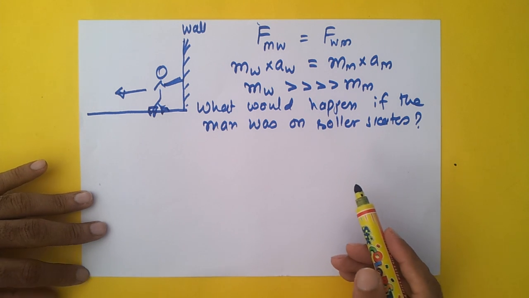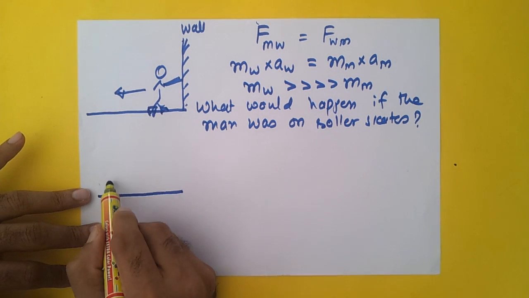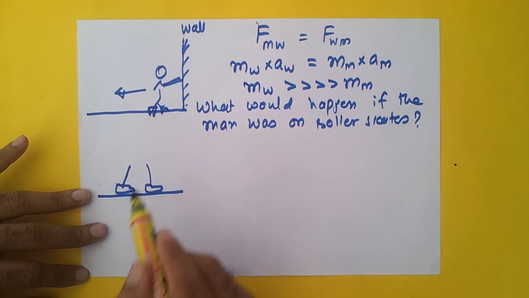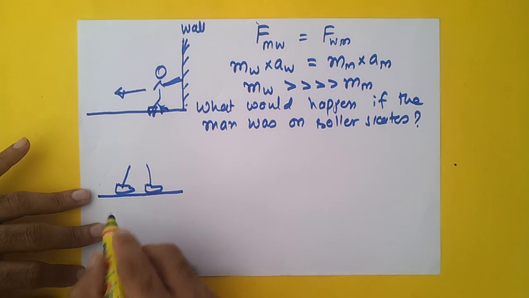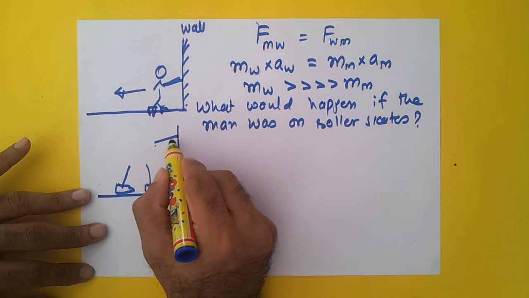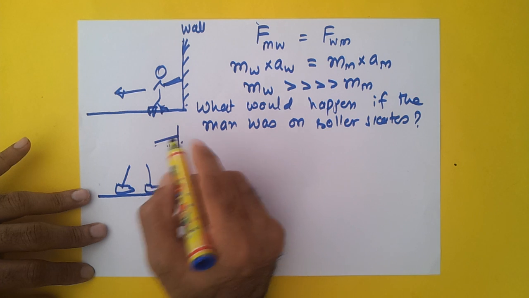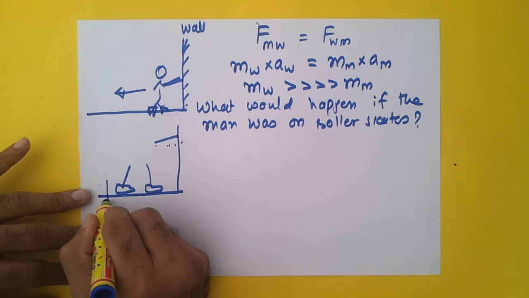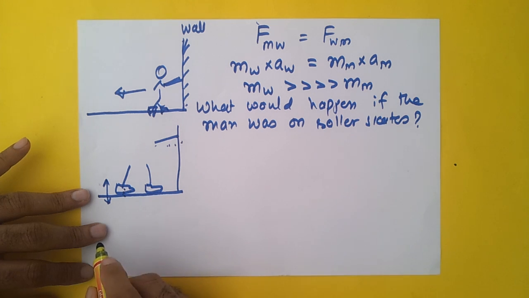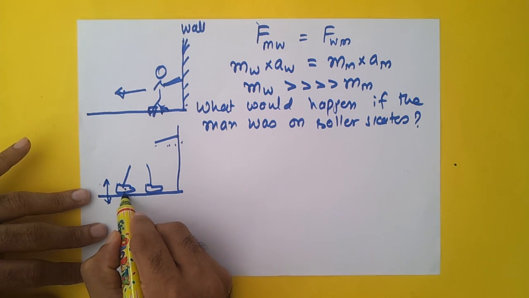So what's happening over here? This is what is happening. If I take these as the feet of this person, when he's applying a force onto the wall over here, there is an action-reaction pair here, but at the same time, there is an action-reaction pair acting between the foot of the person and the ground. The foot is applying a force onto the ground, and the ground is also applying an equal and opposite force on the foot.